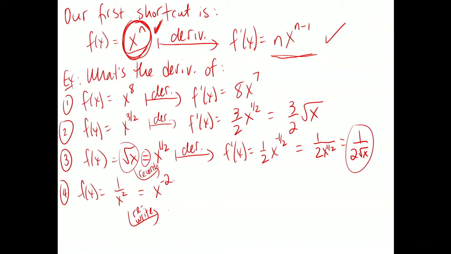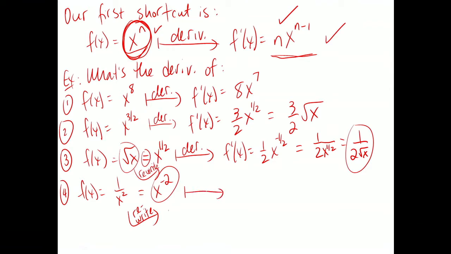Now again, I haven't done anything yet. That's just a rewrite. But now this looks exactly like my rule because it's x to some power. Aha, okay. I have now passed the test to say, yes, the thing I'm looking at looks just like that, so I can use the shortcut to say, so that's my answer.